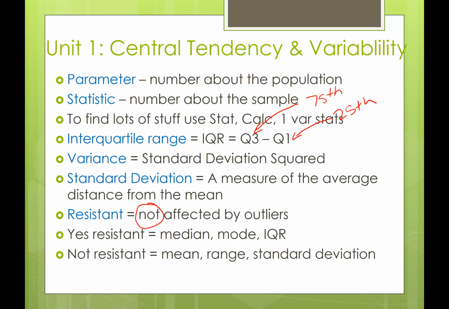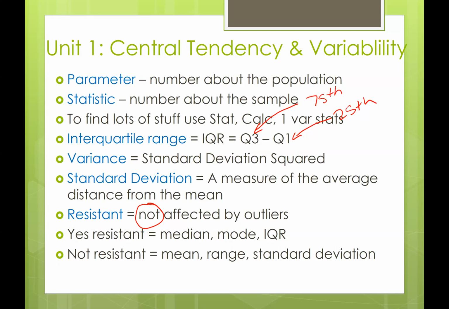The mode is resistant because that's typically going to be a number somewhere in the middle because it's something that's occurring a lot of times. If a number is occurring enough times to be the mode, then that number is probably not really an outlier. The IQR is resistant because it's the range of the middle 50% of the data. So it's Q3 minus Q1, 75% minus 25%. Any outliers would be at the ends of the data.